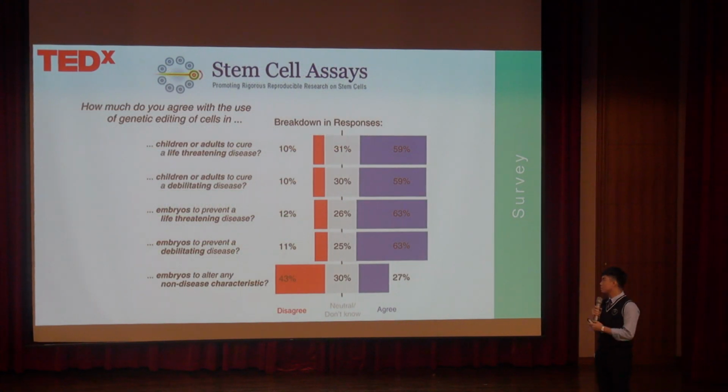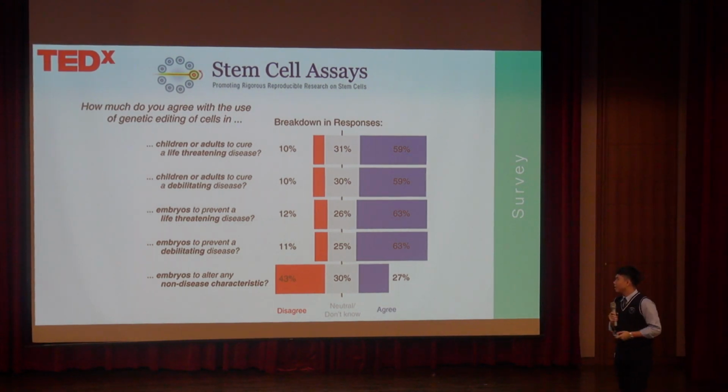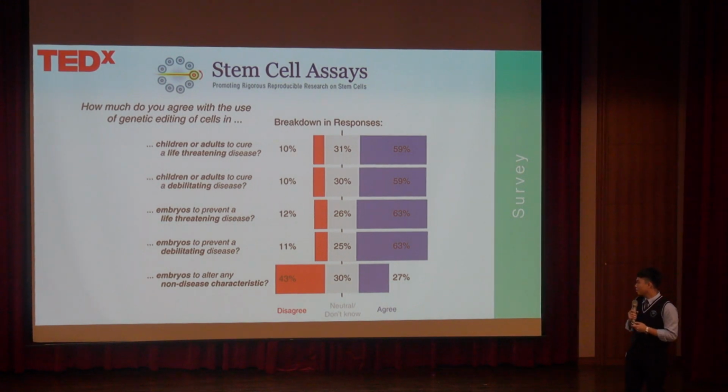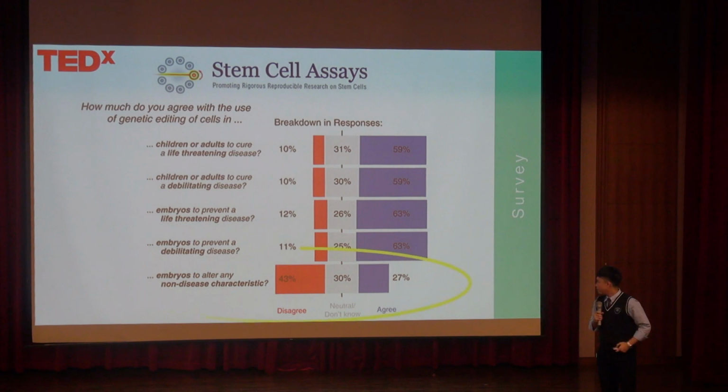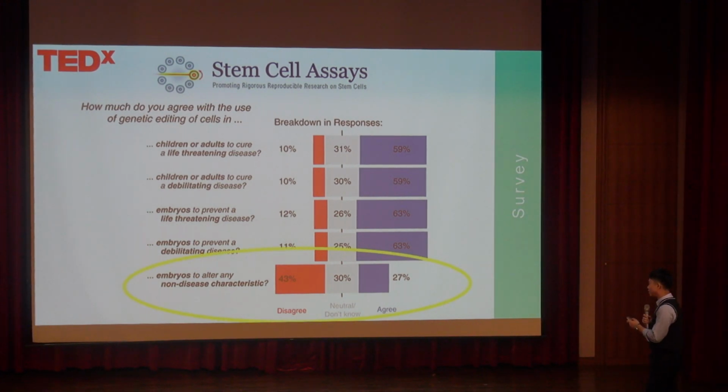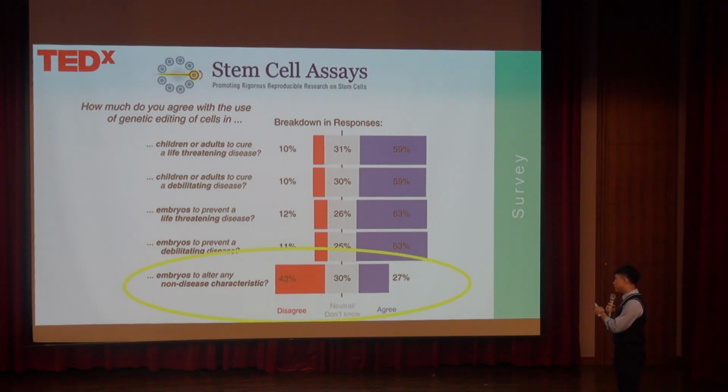The participants were asked how much they agree with the use of genetic editing of cells in both children and adults, or even embryos, for a life-threatening disease, a debilitating disease, or a non-disease characteristic. What really interested me is the use for non-disease characteristics. Even though 43% of people disagreed with this, more than 50% of people weren't really sure or even agreed.